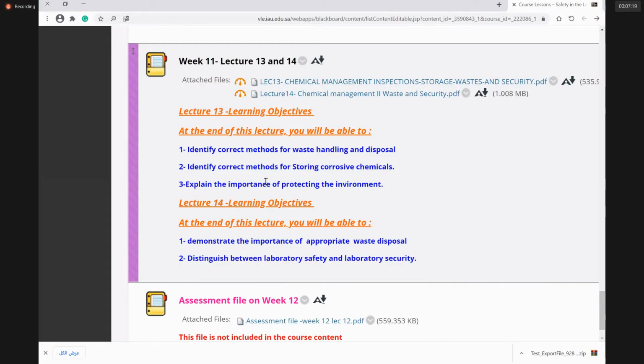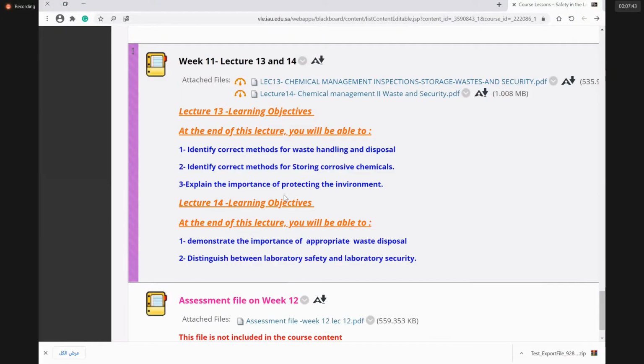Also, we will learn about storing chemicals, especially corrosive chemicals. How can we store this corrosive solution? Do the shelves have a certain type of material they are made of? We will see today, insha'Allah.